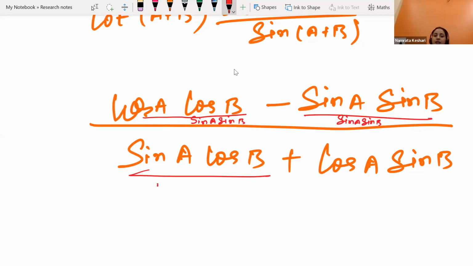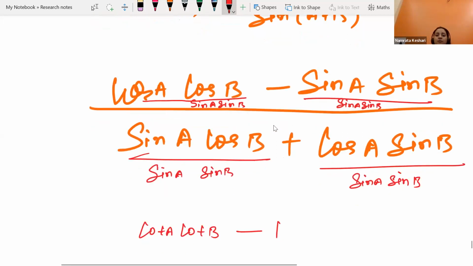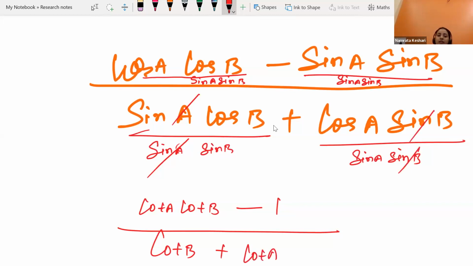Here, sine A, sine B, and here, sine A, sine B. So the formula we'll be getting is cot A cot B minus 1 by cot B plus cot A.